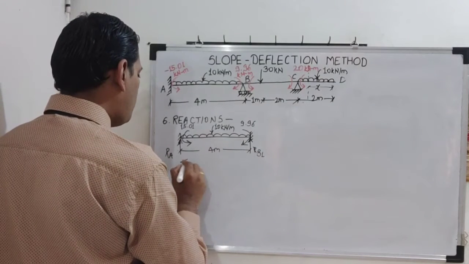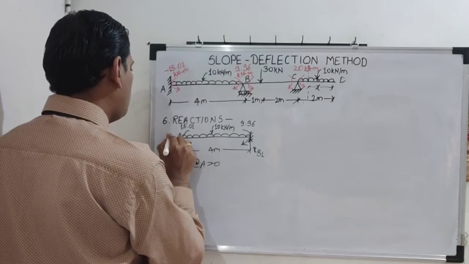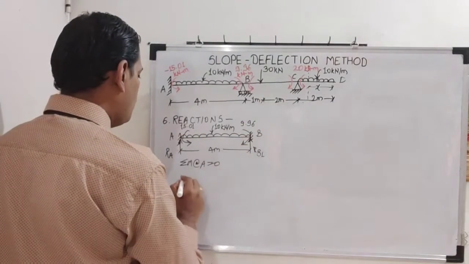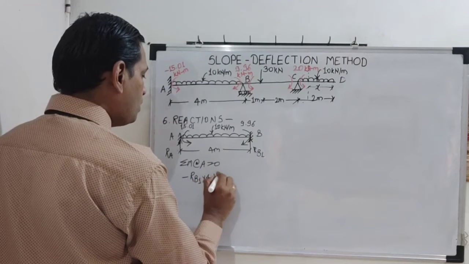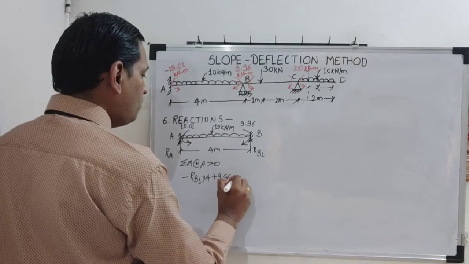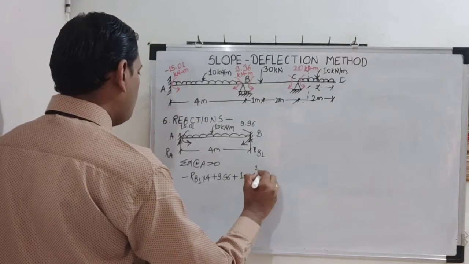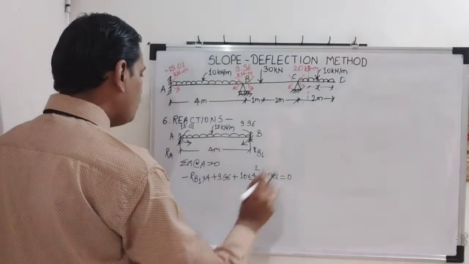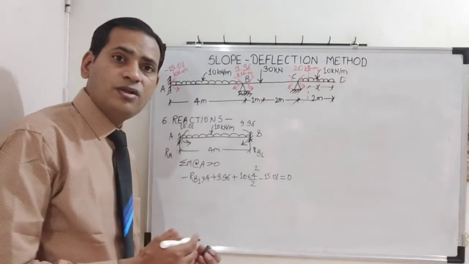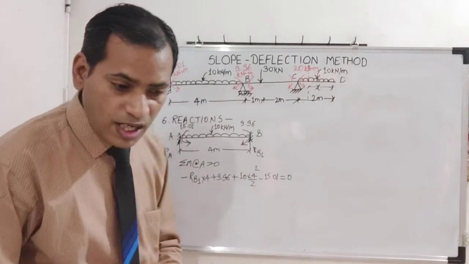Now here we will apply condition of equilibrium. Summation of moment about A is equal to 0. So minus RB1 into 4 plus 9.96 plus 10 into 4 square by 2 minus 15.01, this is equal to 0. So now we will solve this equation and we will get reaction RB1.